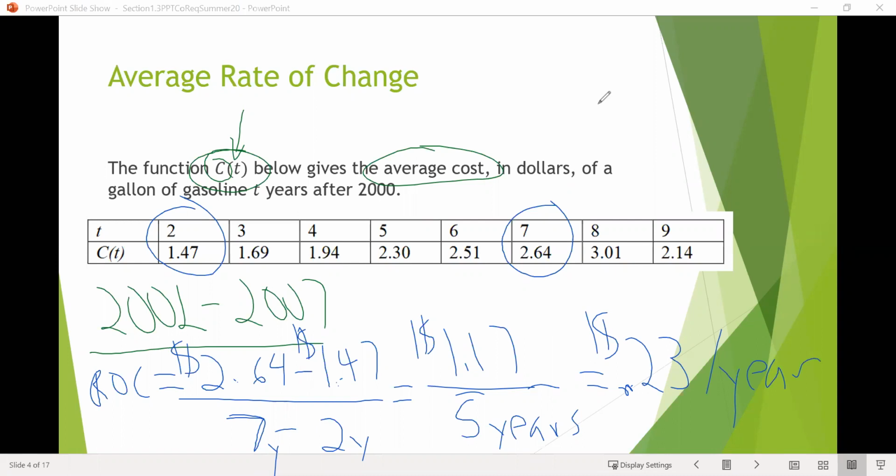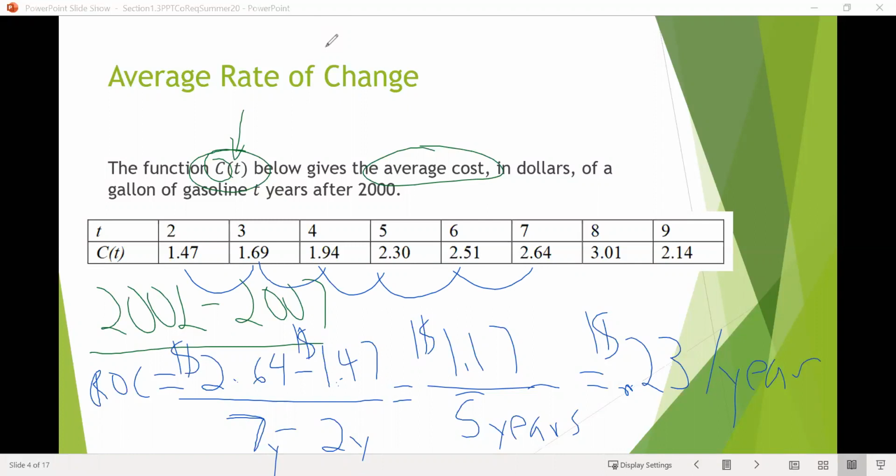Now, if we look from year to year, like 2002 to 2003, 2003 to 2004, 2004 to 2005, 2005 to 2006, 2006 to 2007, and so on, notice that the price of gas didn't actually change by exactly 23 cents each year, right? From 2002 to 2003, it went up by 22 cents. 2003 to 2004, it went up by about 25 cents.